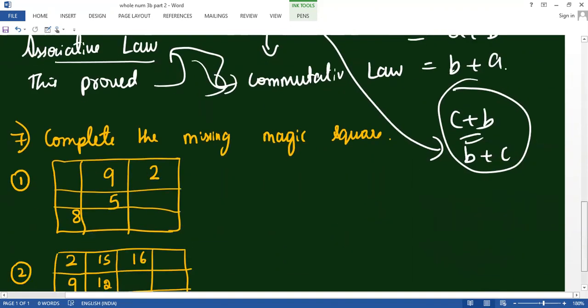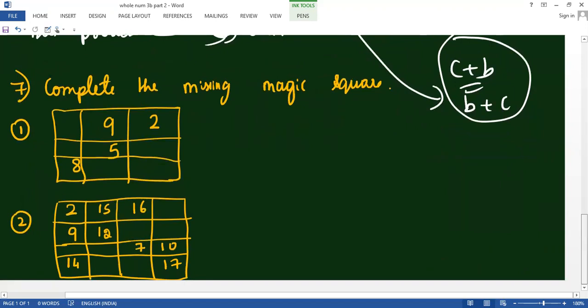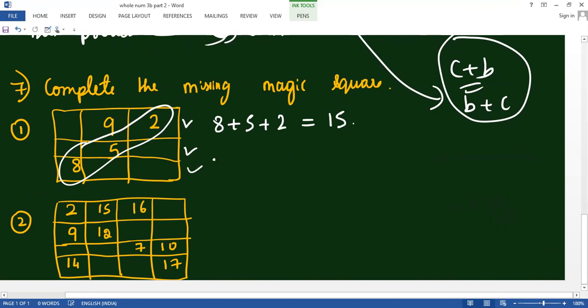And the next question is that we have to complete the missing magic square. So the seventh question says complete the missing magic square. First we need to add the diagonal: 8 plus 5 plus 2 is equal to 15. So each row should add up to 15.